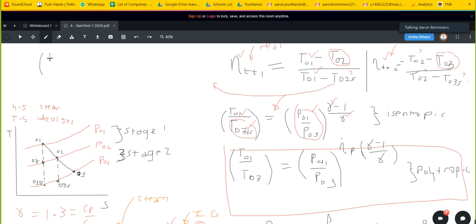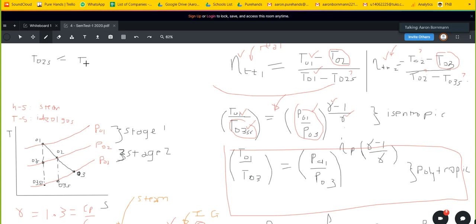You can also write it in this notation, T0,2s over T01, so it's easier to solve. Or you can just do this straight, T0,2s.